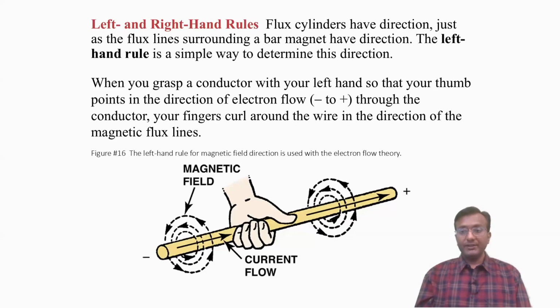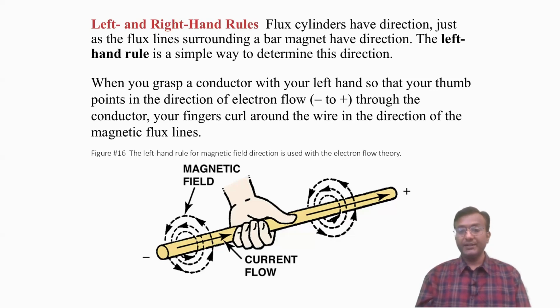The important concept of left hand and right hand rules. If we want to understand the phenomena of these flux lines, a very important and very simple concept of the left hand and right hand rules is used.